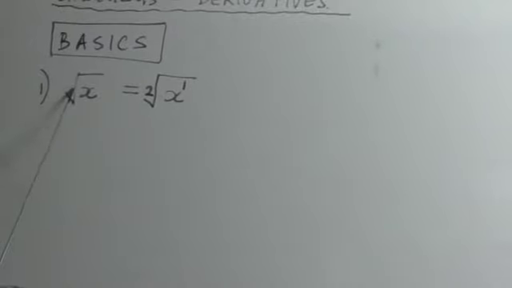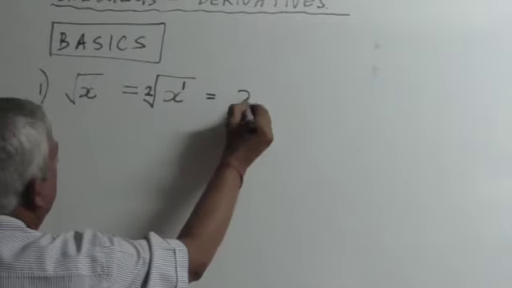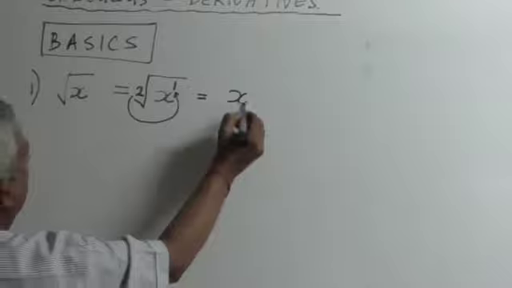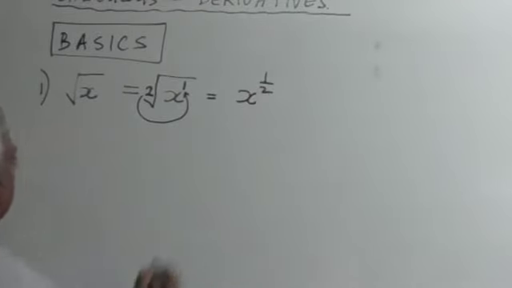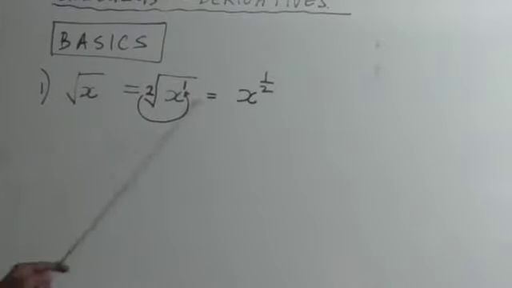So there's a number 2 understood here, there's a number 1 understood here, so we write it down. And then from here you go to the next step. You write down the x. This 2 becomes the denominator here. So really, square root of x is really x to the half. Now you got to know this basics in order to do derivatives.